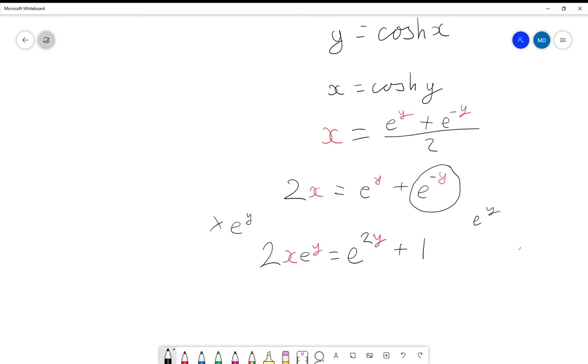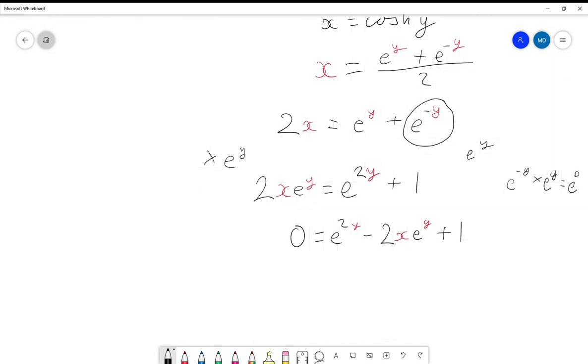And now I'm going to shift everything across to one side, so we're going to end up with 0 is equal to e to the 2y minus 2x e to the y, and then plus 1 on the end.